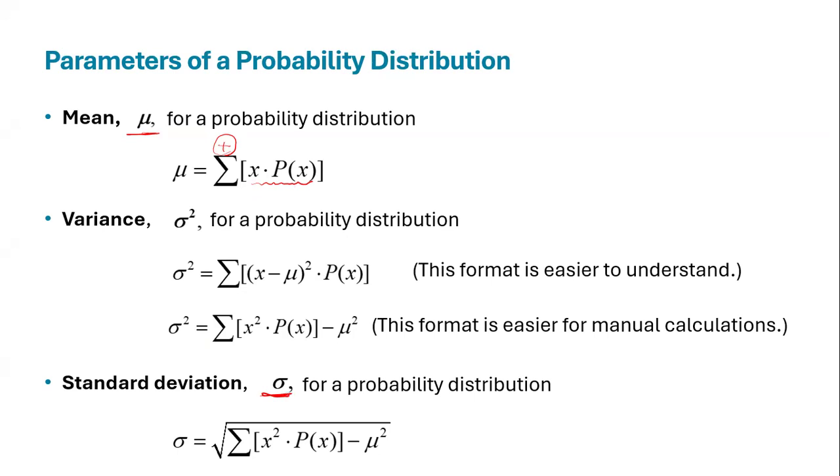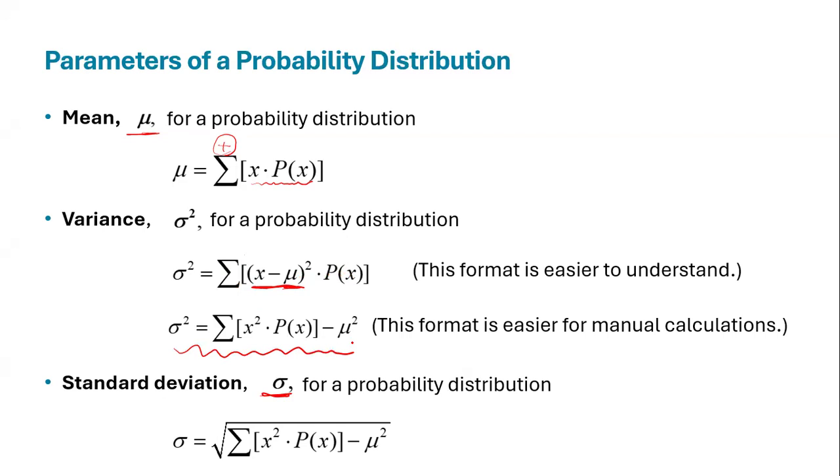Like in chapter 2, we subtract the mean from each random variable x, then we square them, and then multiply by the probabilities. After that, we add them together because of the sigma. We also have another formula, the shortcut, which is easier when you have manual calculation.